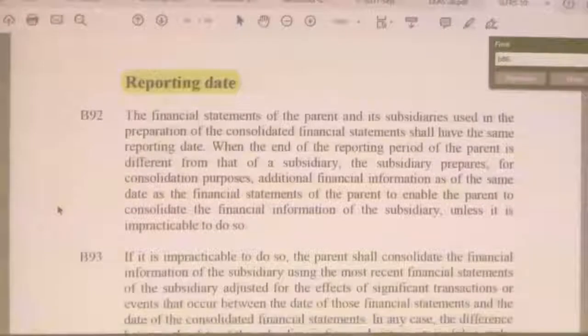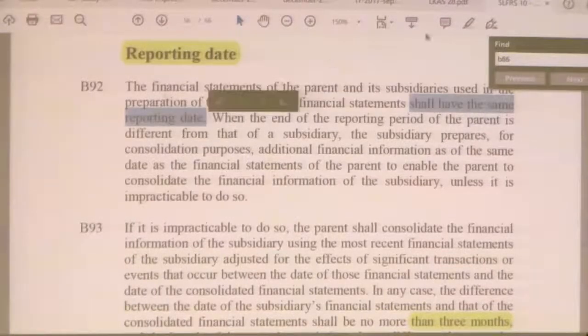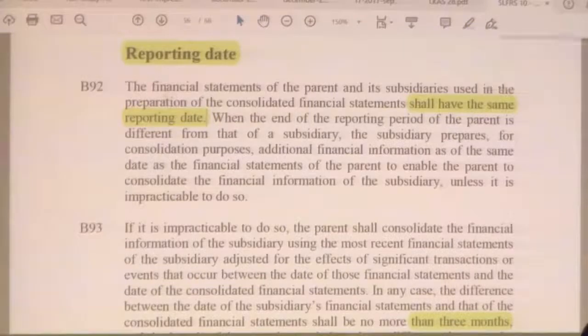What are we talking about in B92? Reporting date. I told you this is also a little important, not little, much more important. The financial statements of the parent and subsidiary used in the preparation of consolidated financial statements shall have the same reporting date. Underline the words shall have the same reporting date, right?